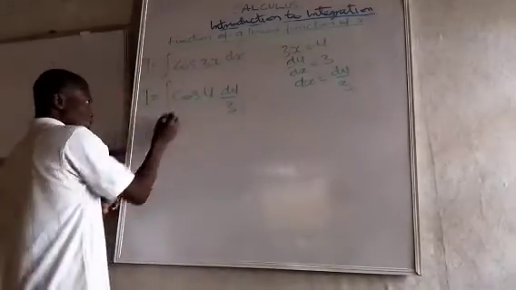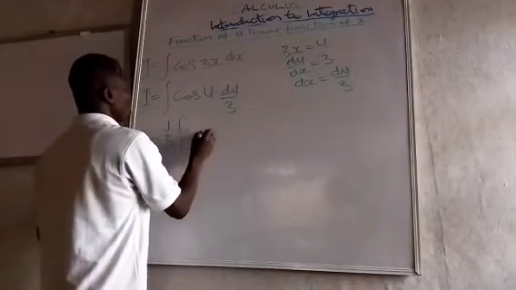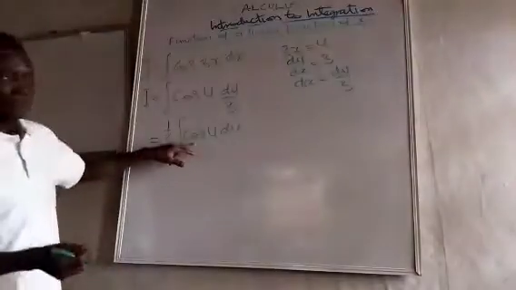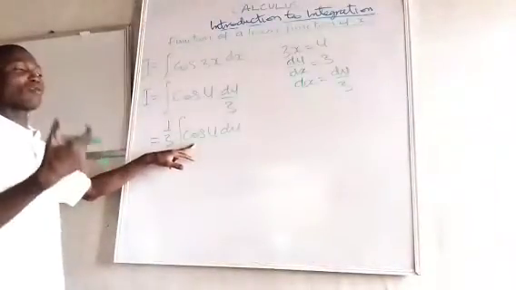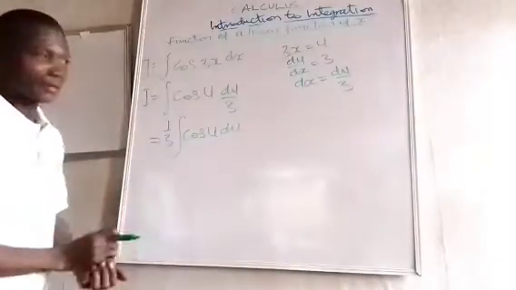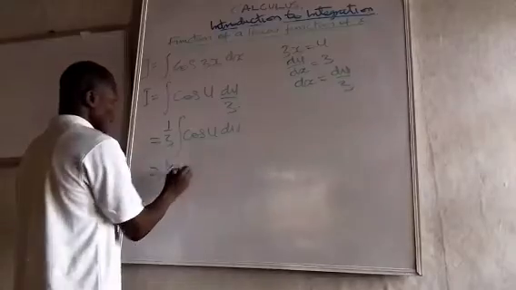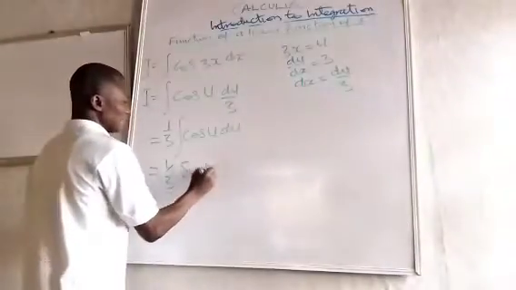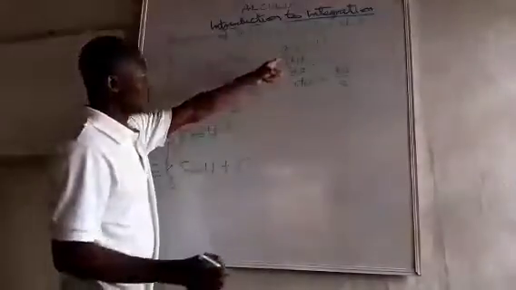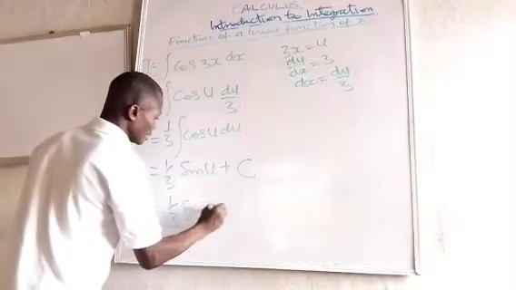You can now equate it to be 1 over 3 cos u. And you know, we got cos when we differentiated sine. So we are working it back to that. So it's going to be 1 over 3 sine u plus c. And what is our u? 3x. So which is 1 over 3 sine 3x.